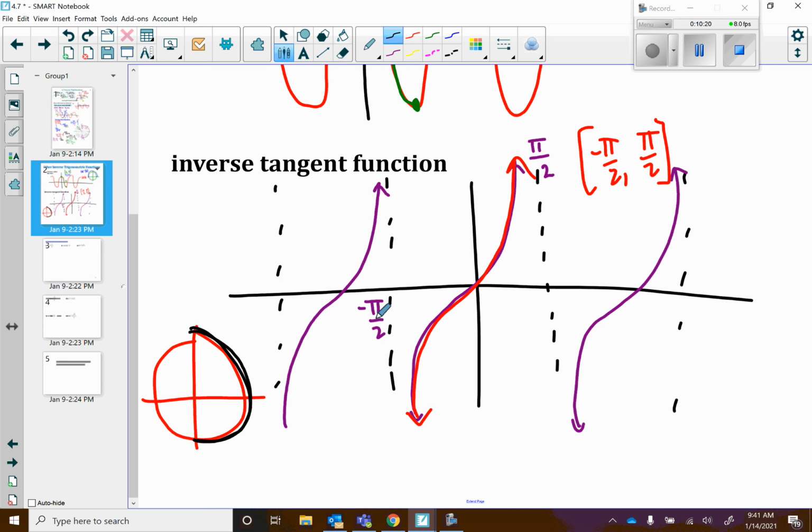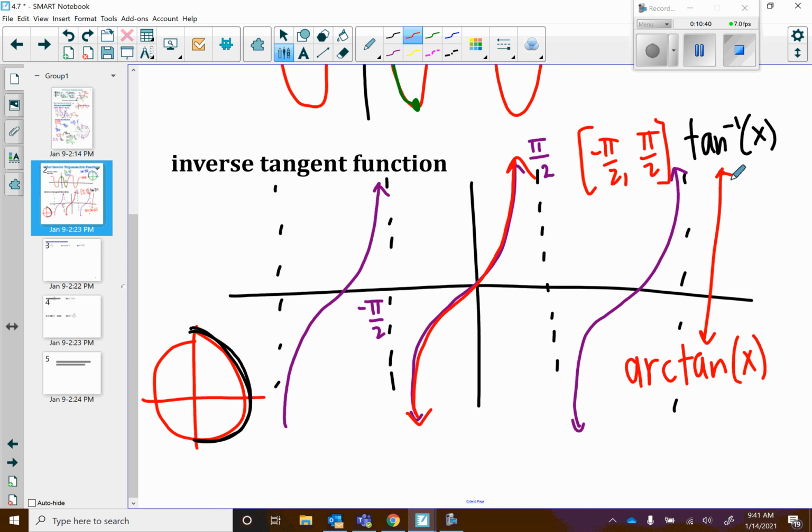One other thing to mention about these graphs is, I've been writing tangent inverse of x. Another way that inverse functions in trig are sometimes written is this phrase arc tangent. So that means inverse tangent. These two things are the same.